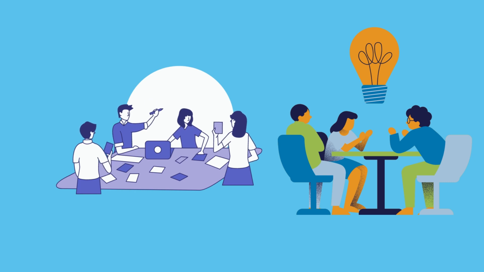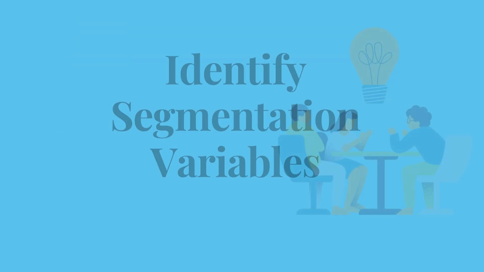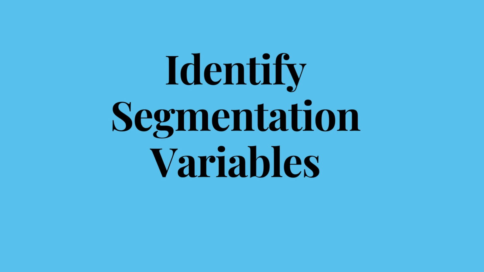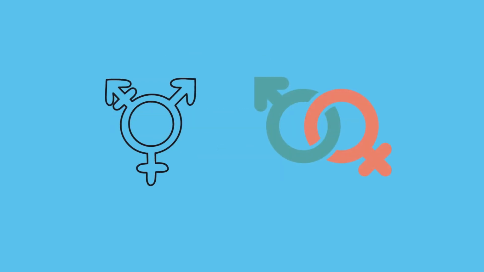Then identify segmentation variables. Once you have gathered the data, identify the variables you can use to segment your market. These variables can include age, gender, location, income, interest, behavior, or any other relevant criteria.